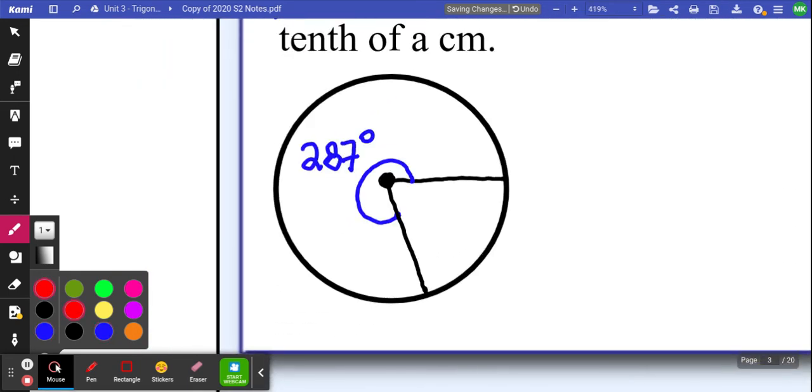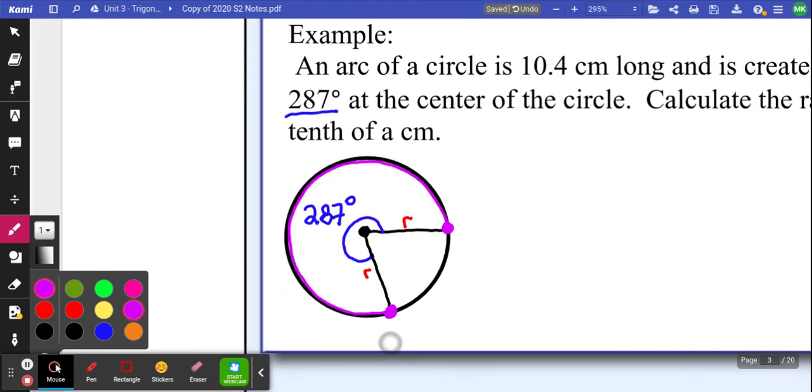There's my radii, R and R. There's my angle on the outside. They gave me one other piece of information. That was the arc length, which was created by going around the outside. And they told us that that distance was 10.4.